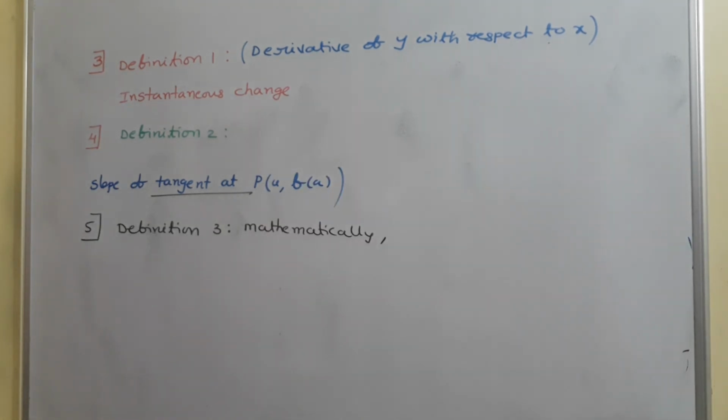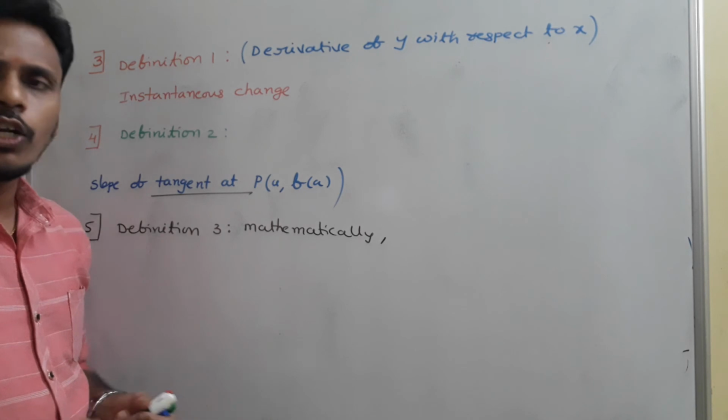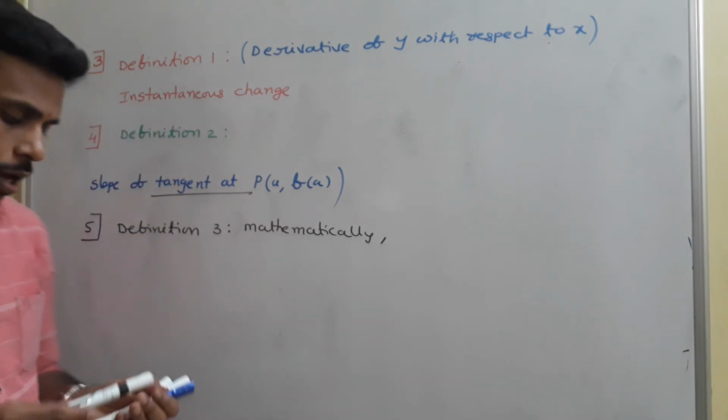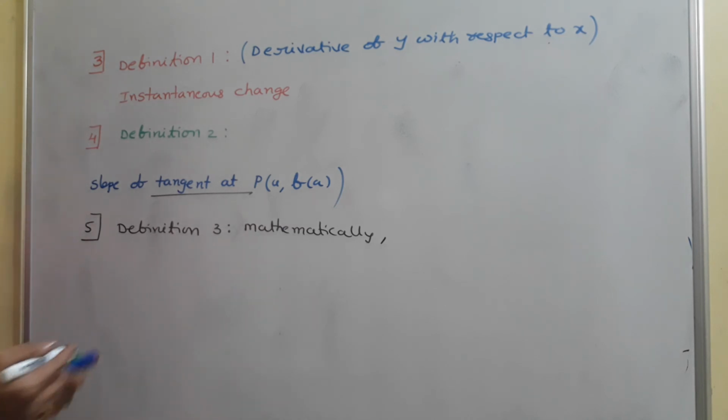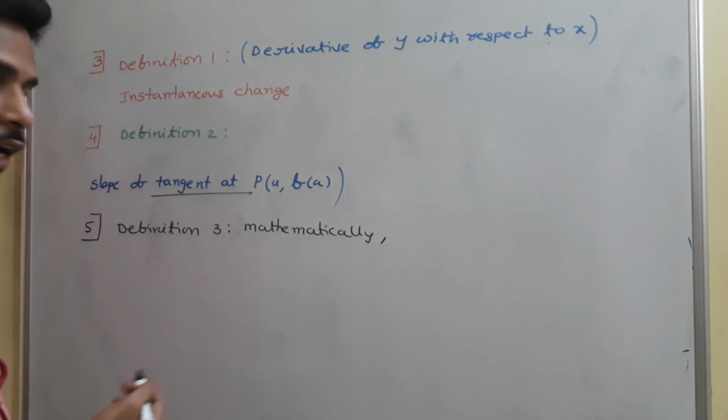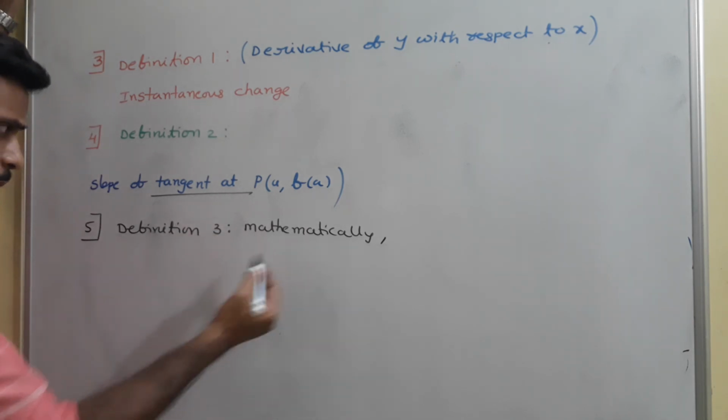Definition 3. As a conclusion of the above two, mathematically we will say that dy by dx, or f is differentiable at x equals a, or the derivative of f at x equals a.